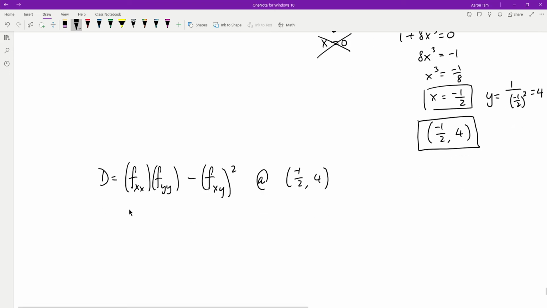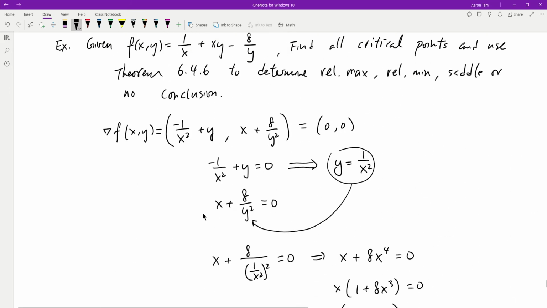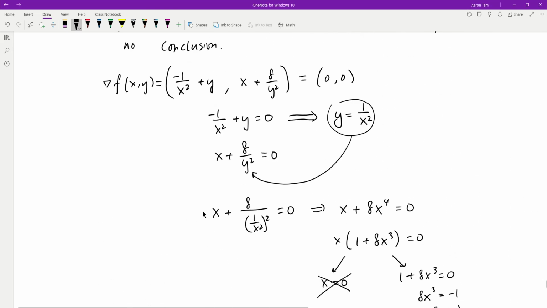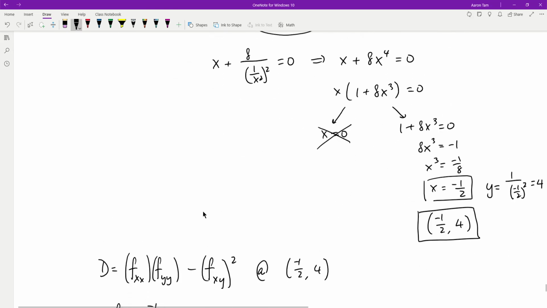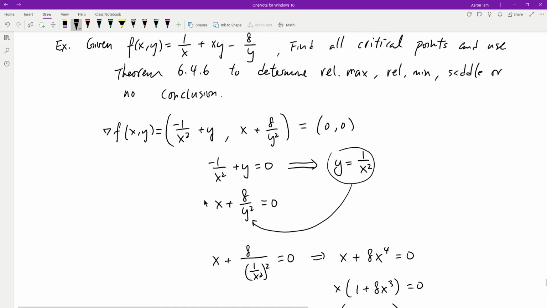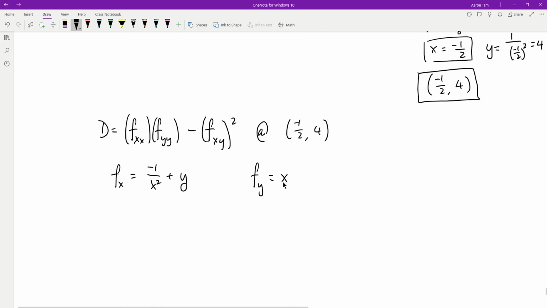Let's start with the second derivatives. We know that f sub x is negative 1 over x squared plus y, and f sub y is equal to x plus 8 over y squared.